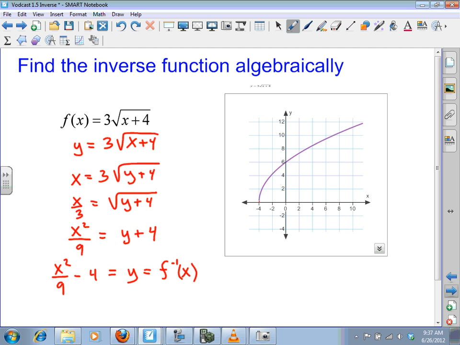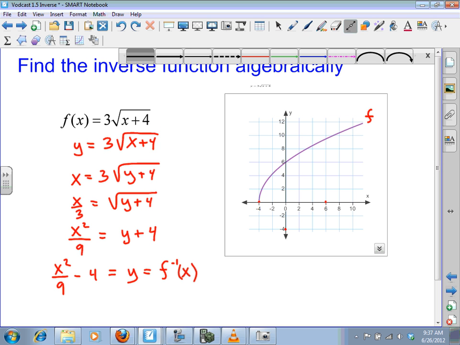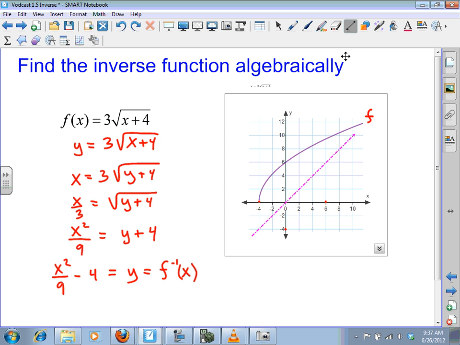Graphically, let's emphasize it. If the point negative 4, 0 is on the graph of f, this being f, then I should be able to graph 0, negative 4. That point's on there. And it looks like 0, 6 is on this graph, so 6, 0 is going to be on the graph. I'm going to put in the line y equals x, in pink here, so I can see this.